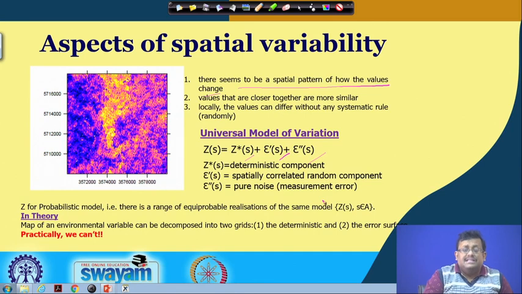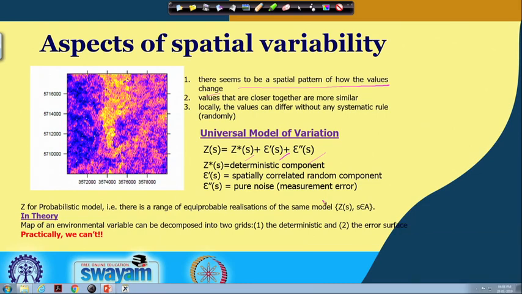So, this universal model of variation assumes that the value of a particular soil property at a particular location is a combination of a deterministic component, a stochastic or spatially correlated random component, and finally pure noise.